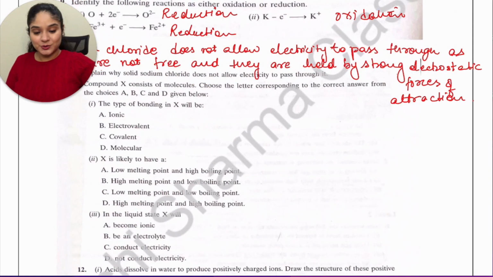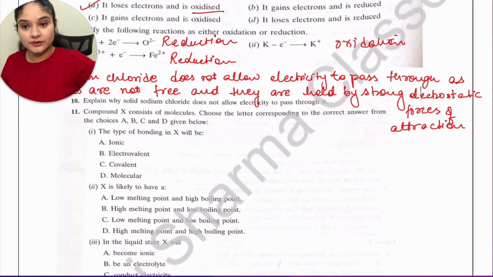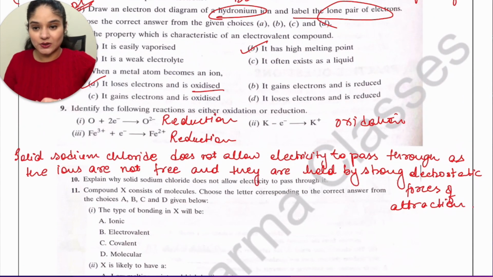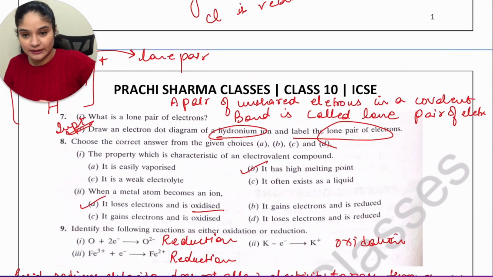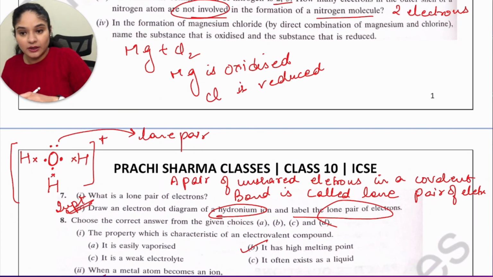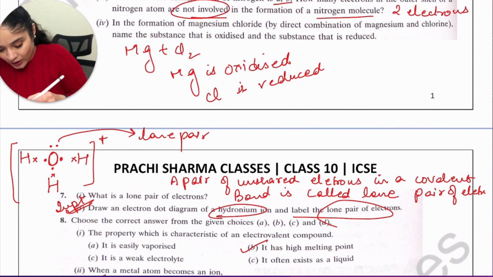So students, as I was writing this answer for you on the screen, I just decided to take a look at all the other answers that are there, and I realized that in the structure of hydronium ion, I have not made it correctly. So you also have to make the arrows. So this is a lone pair.